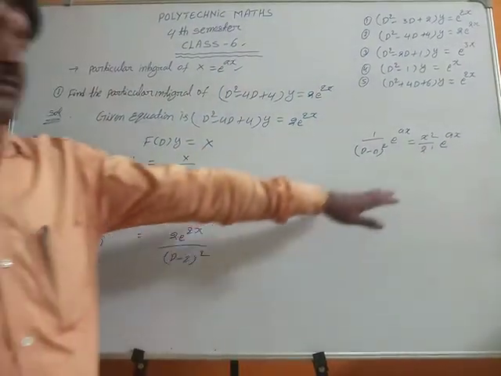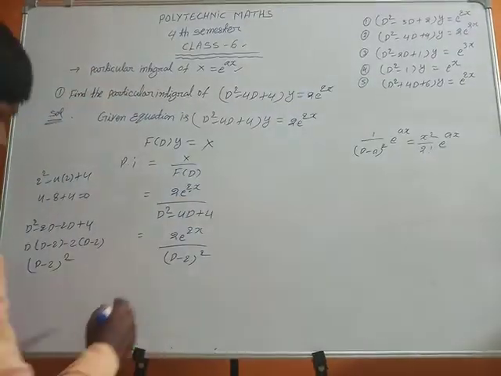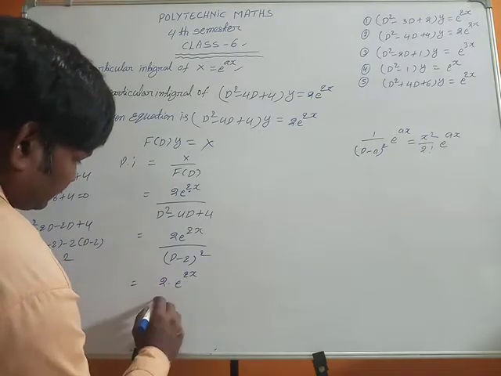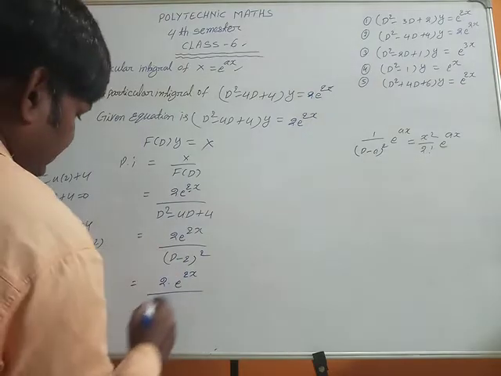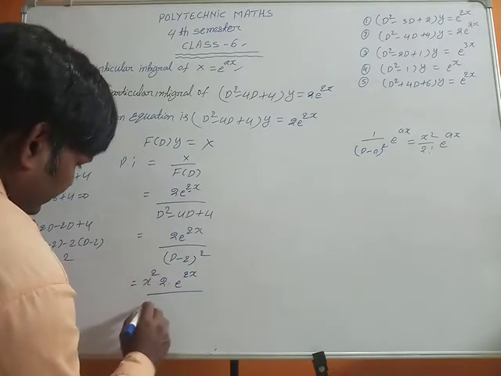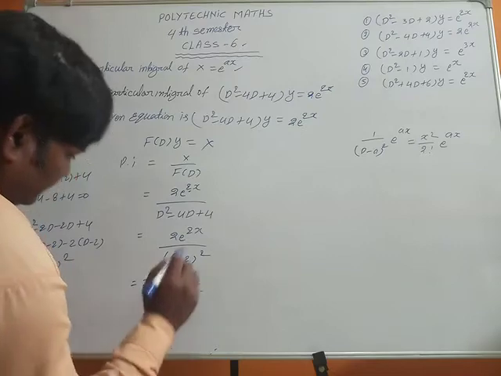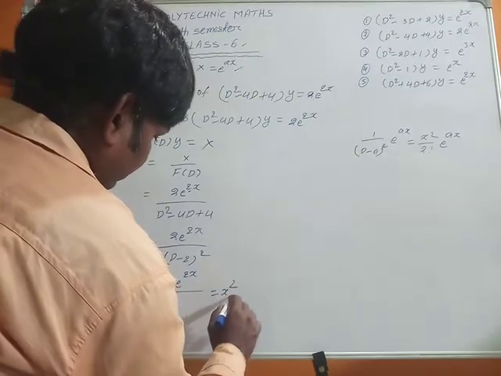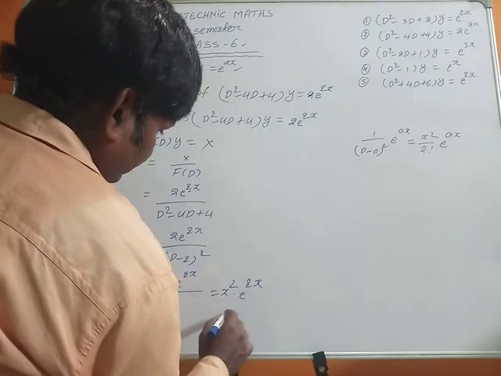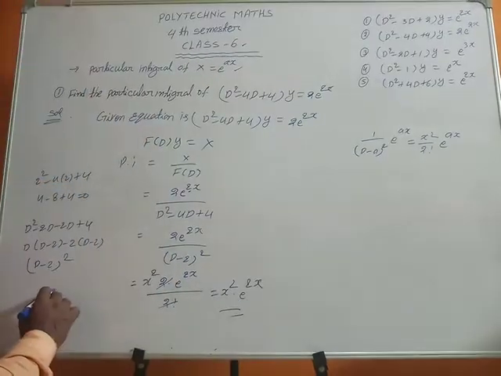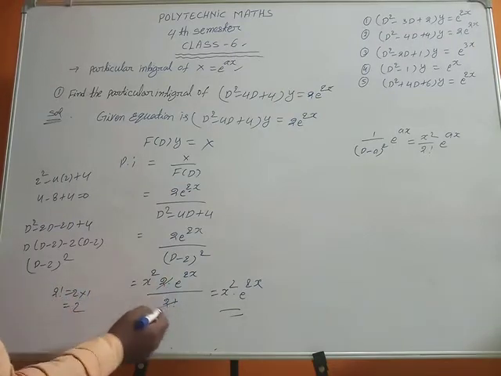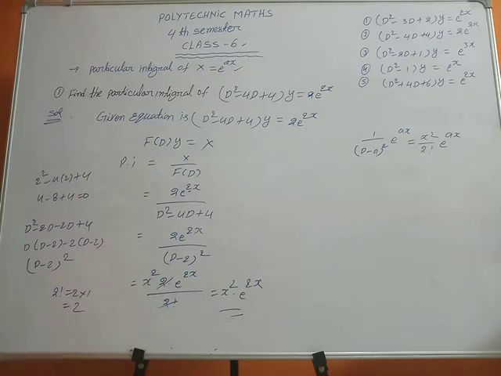So this is the general notation. Now using the general notation, this is equal to 2 into e to the power of 2x by x square by 2 factorial. Here 2 cancel. Our final answer is x square into e to the power of 2x. 2 factorial is equal to 2 into 1, which is nothing but 2. That's why we calculate the cancellation of 2. Numerator and denominator cancel. Our final answer is x square e to the power of 2x.